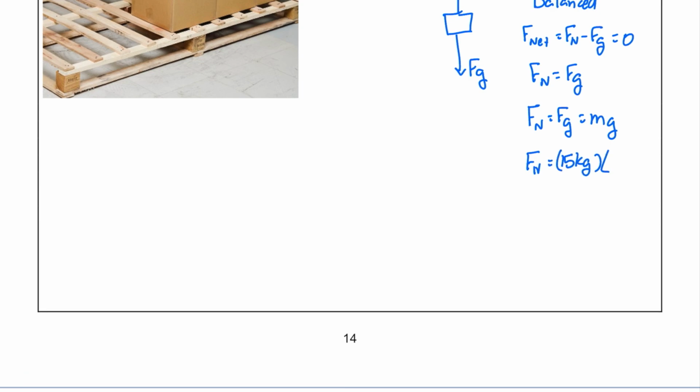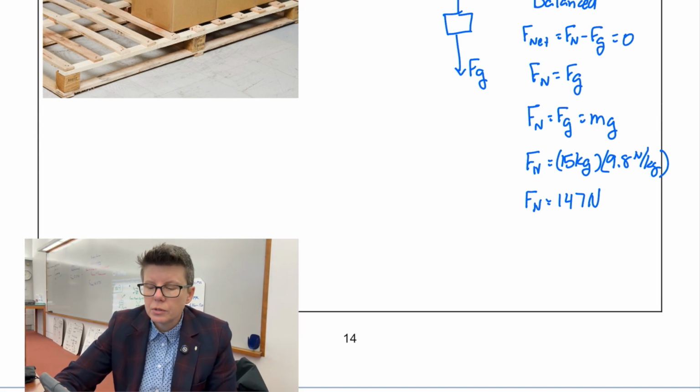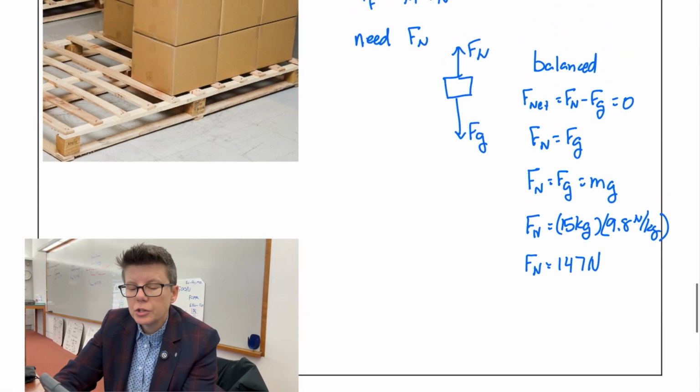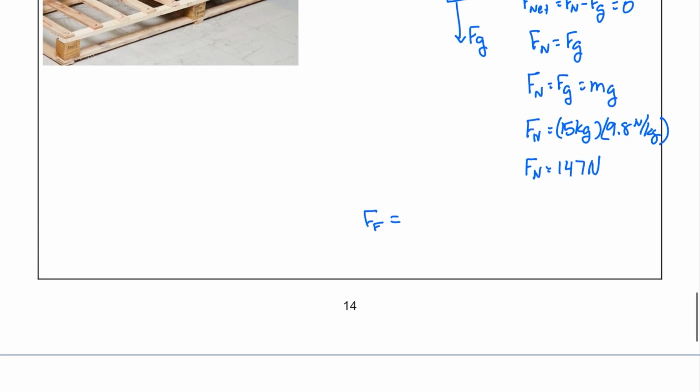I presume this is happening on Earth. 15 times 9.8. 147 newtons. Back to my original equation. Ff is mu times Fn. Friction force is half of that number.